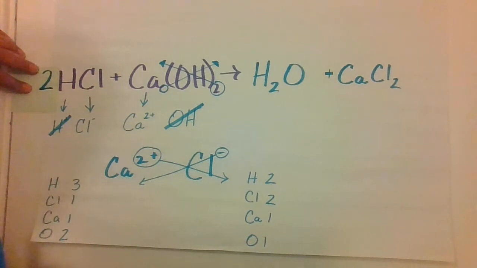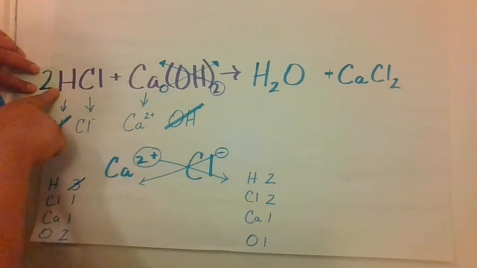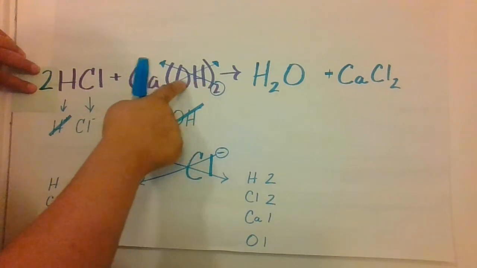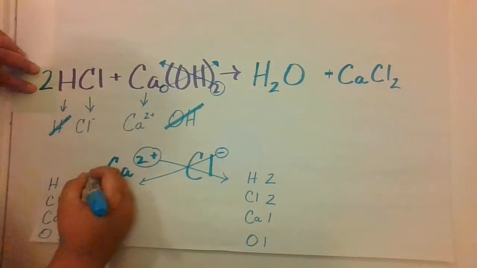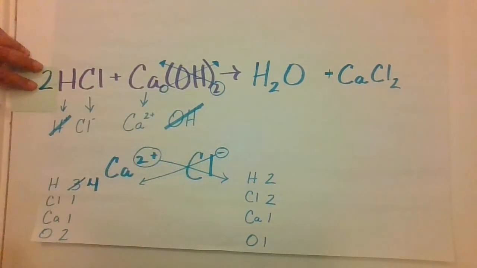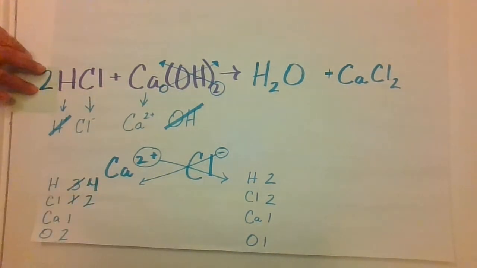So now instead of 3 hydrogens, I have 4, because this 2 is distributed into that equation. It was only lassoed in reverse for us to get the proper compound for the other side of the equation. Now let's adjust our chlorines. The 2 distributed to that chlorine is now going to give us 2 chlorines.